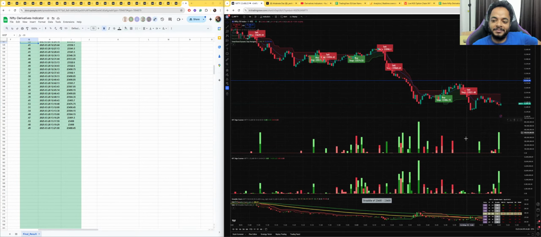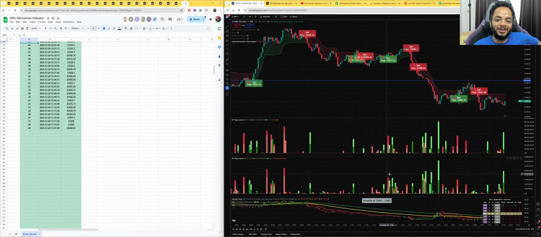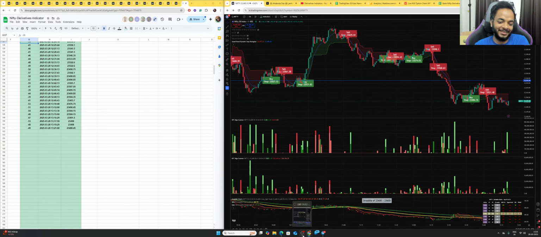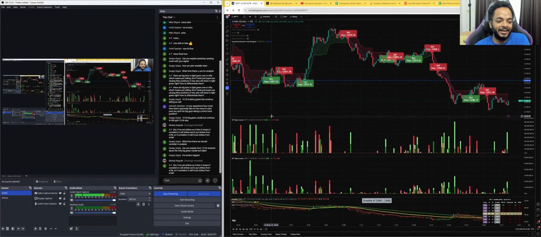The push is coming. Isn't this magic? Now you can see this is where the put writers came in, and this is where the push is coming. Don't you want such an indicator on your chart? Isn't this beautiful? Isn't this a leading indicator?